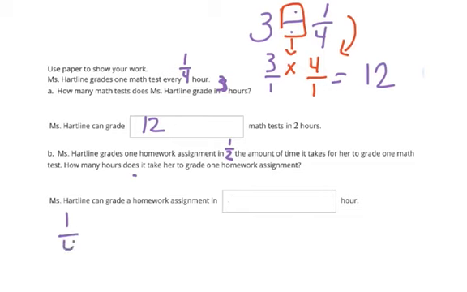She takes 1/4 of an hour for a math test, and it's 1/2 of 1/4. She can grade a homework assignment in 1/8 of an hour.